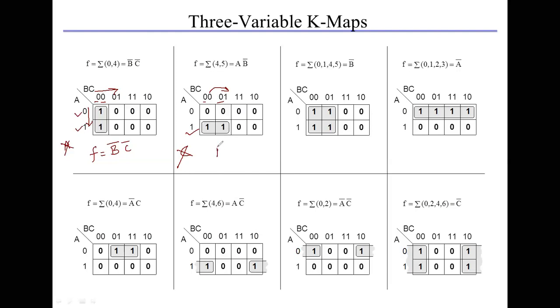So the final function after reducing is A into B bar. So from these two things, we can say that a pair eliminates one variable.